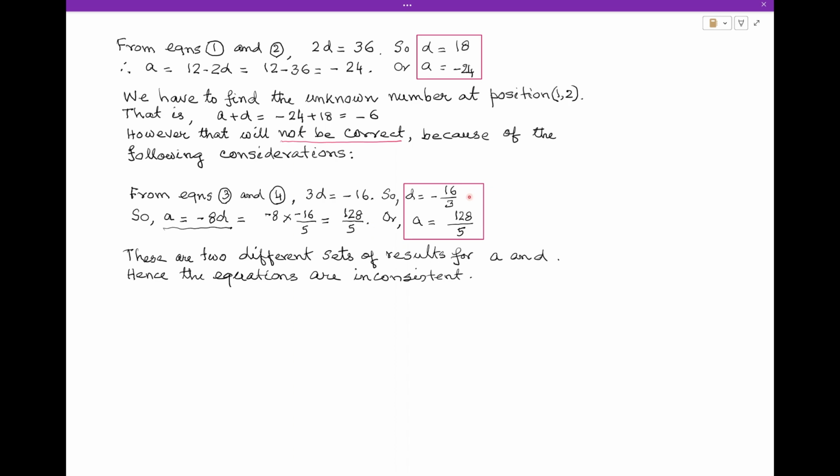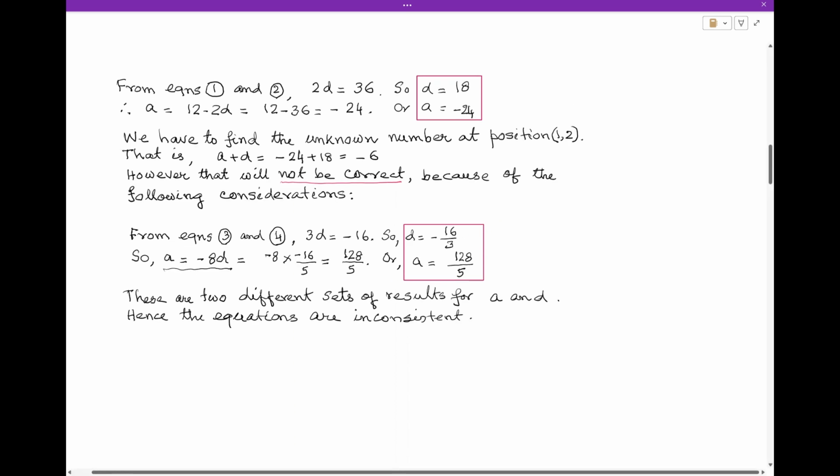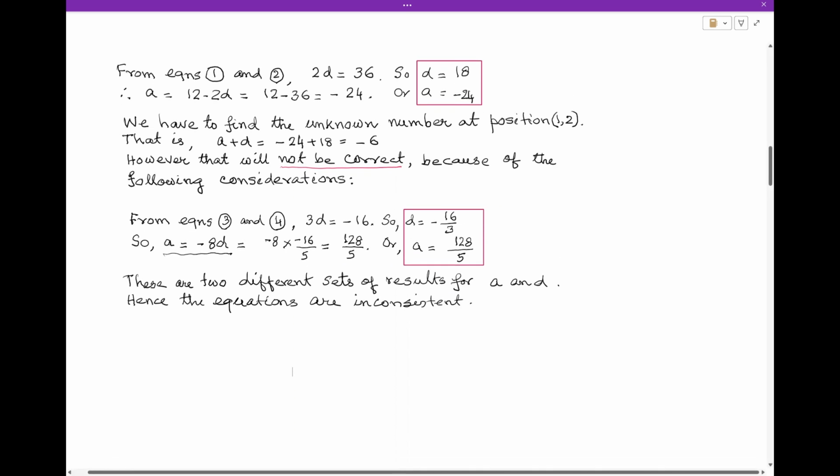Therefore, D is equal to minus 16 by 3 and A is equal to 128 by 3. These are two different sets of results for A and D. One set we have found here, one set we have found here. Obviously, the four equations given above are inconsistent.